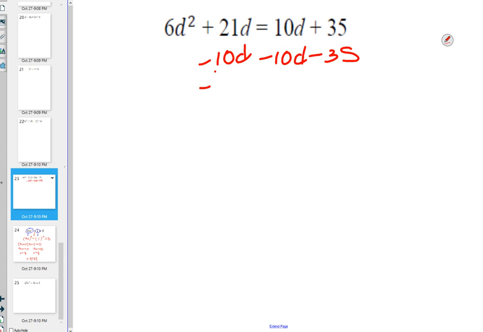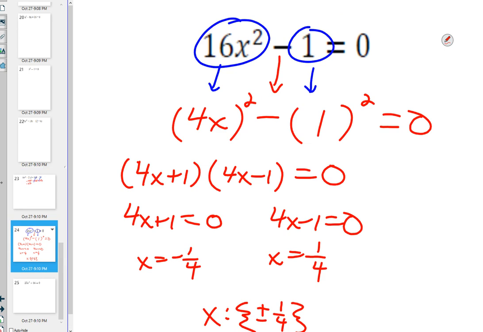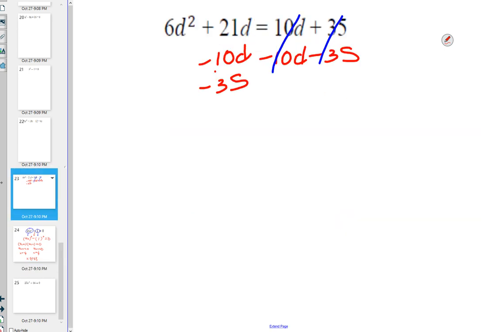But something else happened here, and I was happy my third period noticed this before I even said anything. When I put all those terms on the same side, what do you notice is happening? What about those two terms?